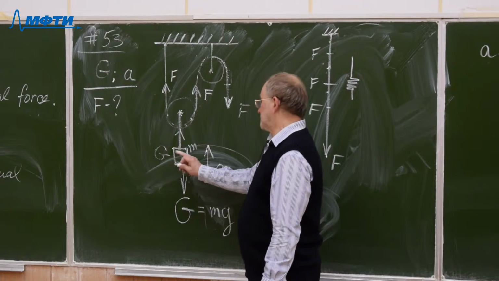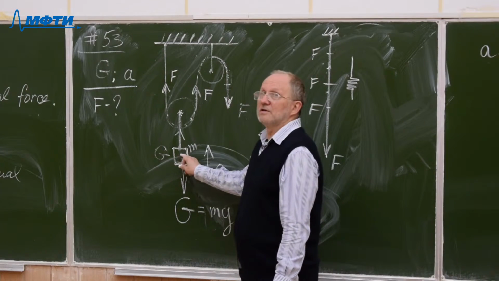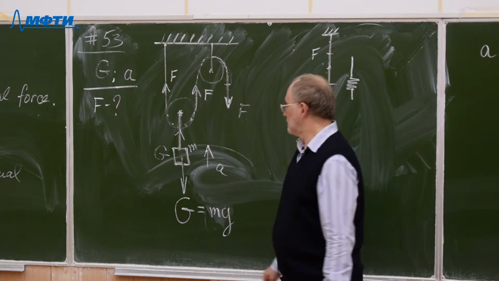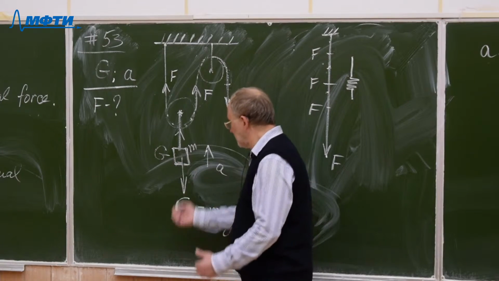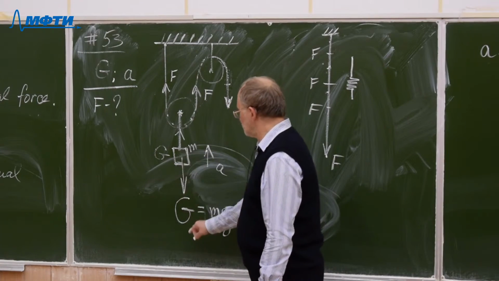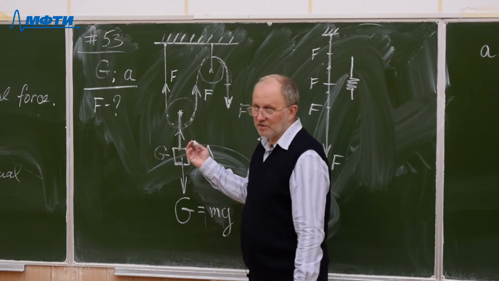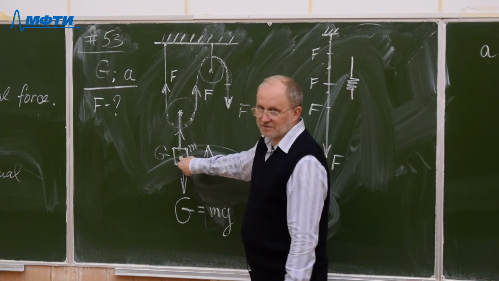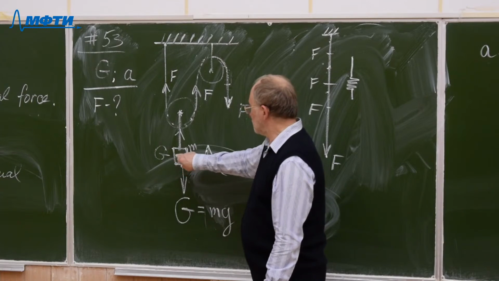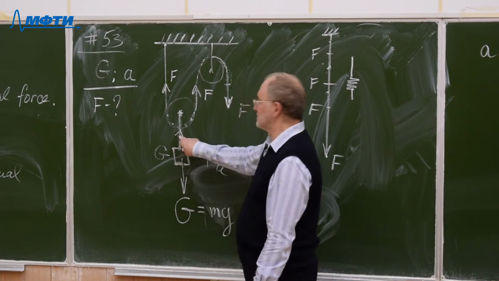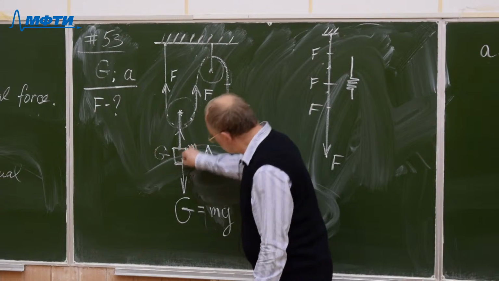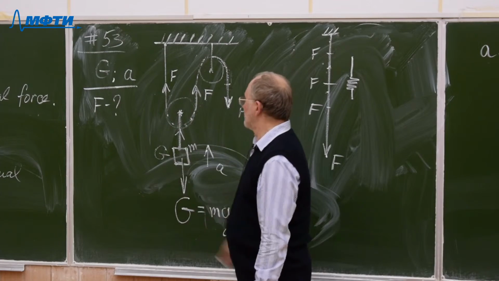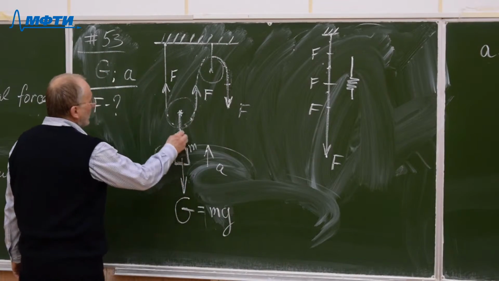Why? Because any object is interacting with the planet Earth, and the planet pulls this body downward. So only two objects in the outside world with which this body interacts, the Earth and the string. The Earth pulls down the object with this force, and the string pulls up with some other force.